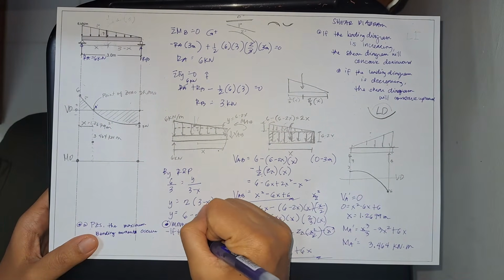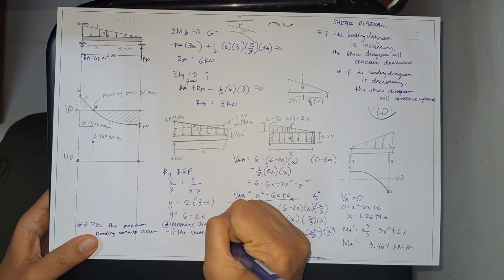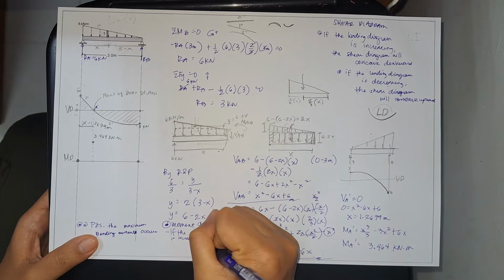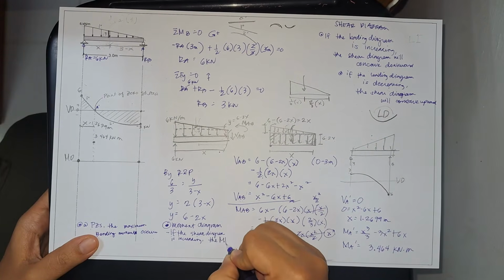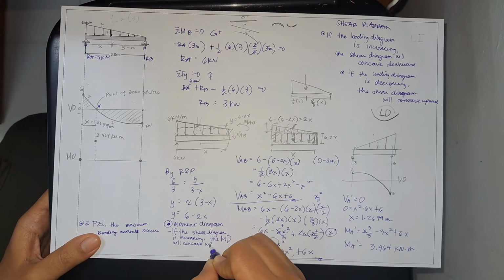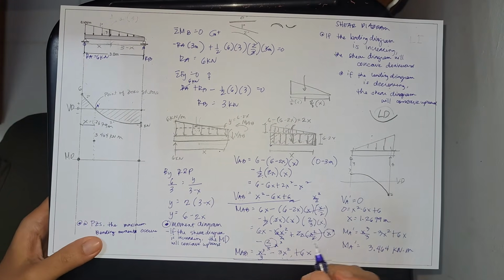So, if the shear diagram is increasing, the moment diagram will concave upward.